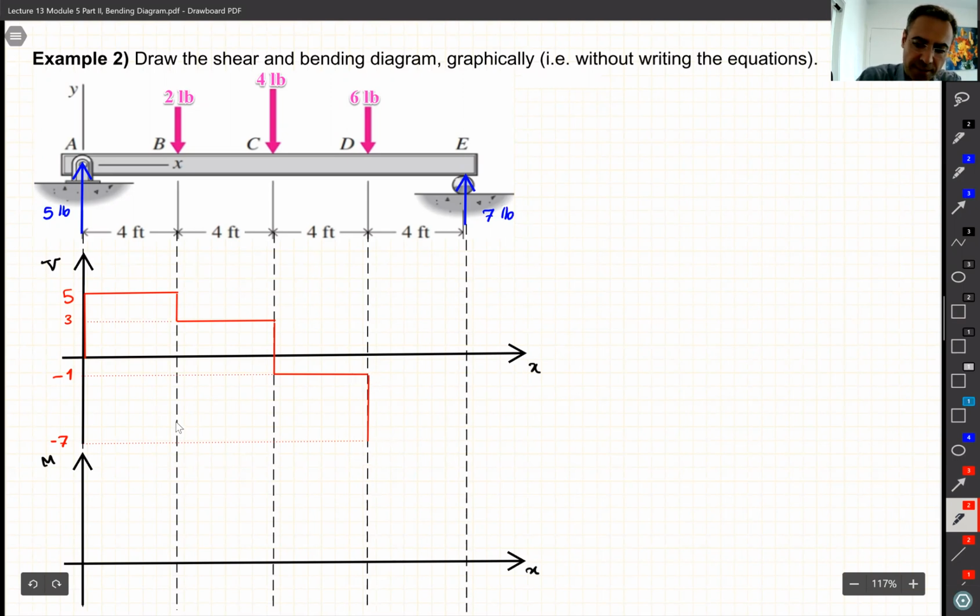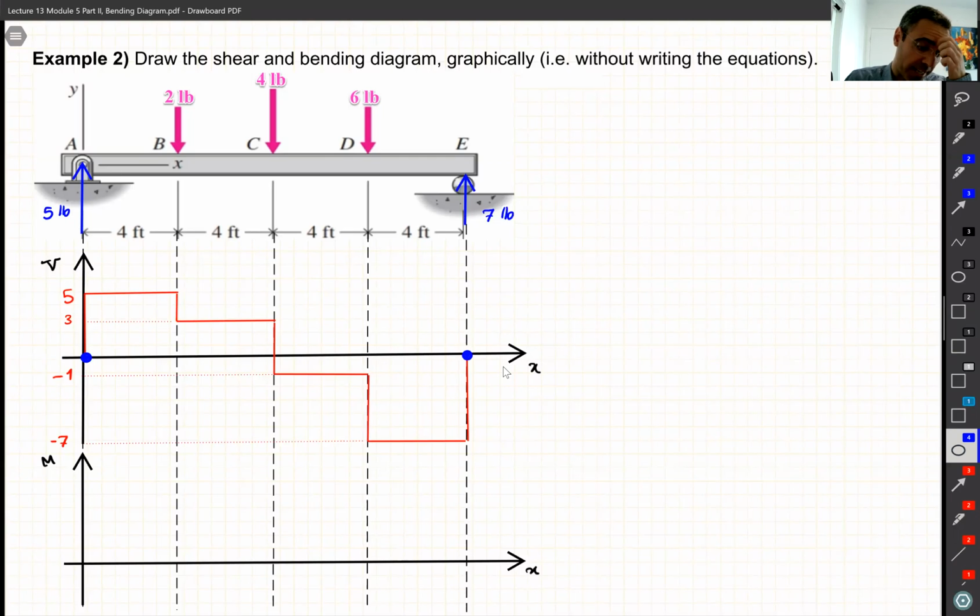And then all the way going down there to the right. And at the end, if everything is correct, we should return back to 0. That's another thing we can check to see if we made a mistake. I have 7 and I jump up 7. So good, I started from 0 and I return back to 0. So everything is correct. That's our V diagram without actually writing any equations.